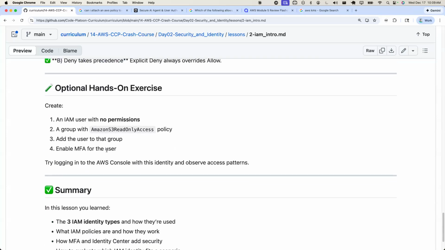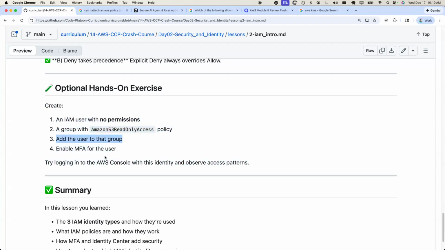Cool beans. We have an optional exercise here. I'm not going to go through it. I do recommend you guys do it. Again, I think the goal of this is just having something so it's not just a bunch of words. So you've interacted a little bit with IAM and policies and users, because that really helps make it stick.